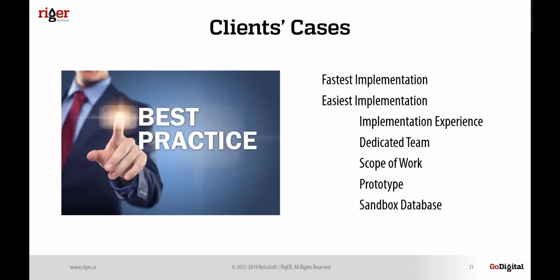The dedicated team is important as well, so people can sit down and agree. One challenge we didn't mention is that RigER combines the entire organization together: sales, accounting, operations, maintenance, everything in one system.